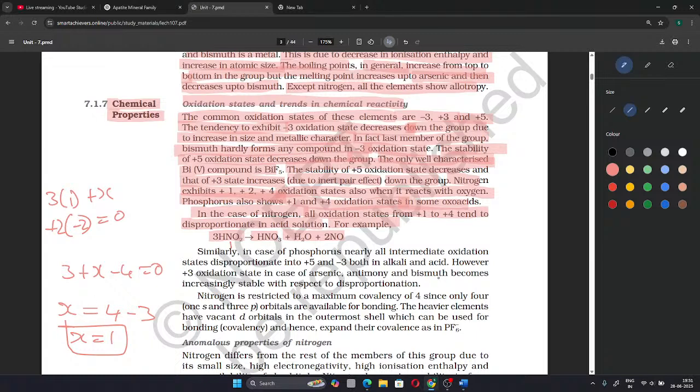In HNO3 it is +5, and in NO it is +2. So this is in acid solution.